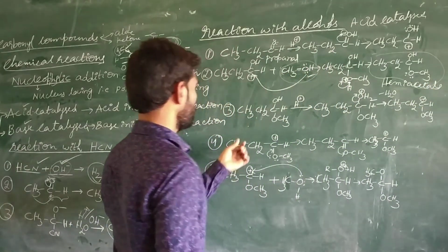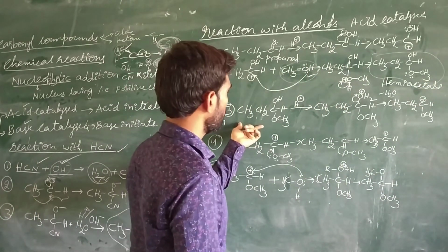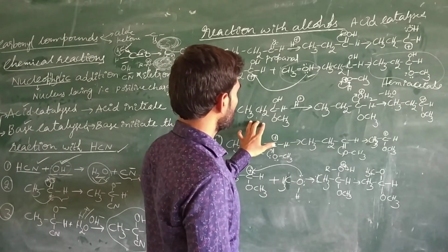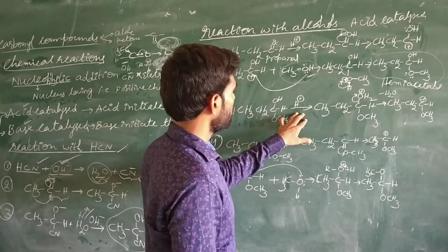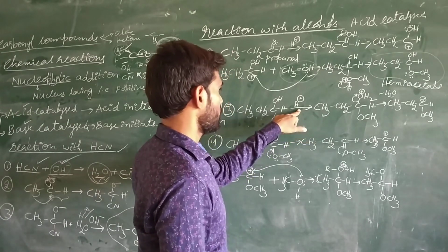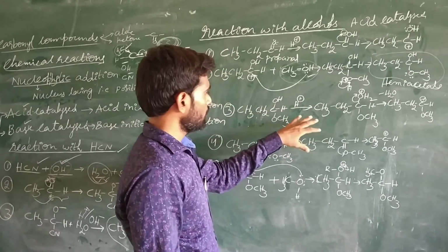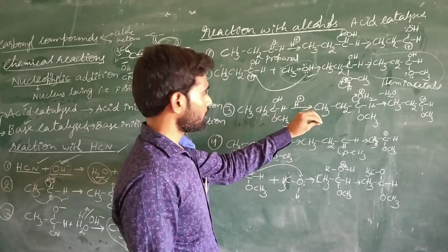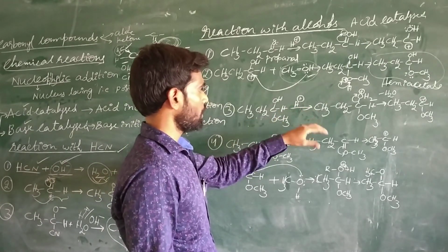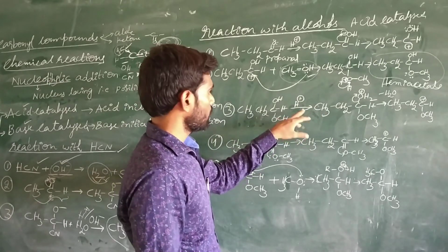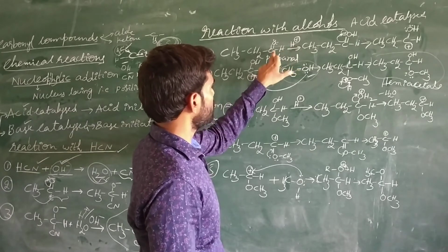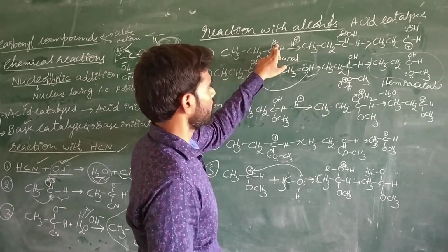Now this hemiacetal is an unstable compound. Again this hemiacetal is reacting with the H plus ion, because in the solution we added acid. That acid is always producing H plus ions. They are in the solution. So that's why one hydrogen initiated the reaction upon reacting with the oxygen atom.